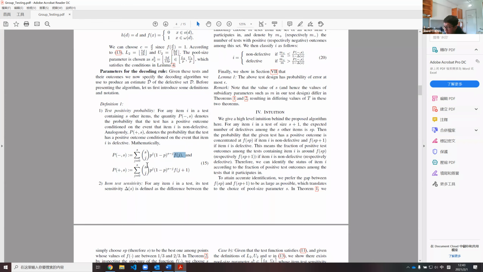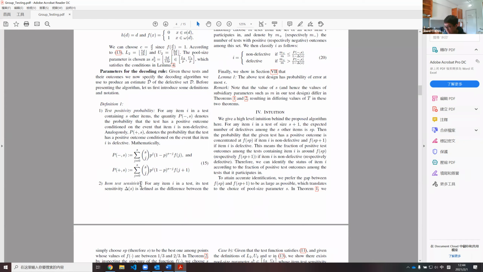Adding up over all J, we obtain the test positivity probability. And when I is defective, P plus S can be computed similarly, the only difference being that there are J plus 1 defectives in total, since the added one is I itself.